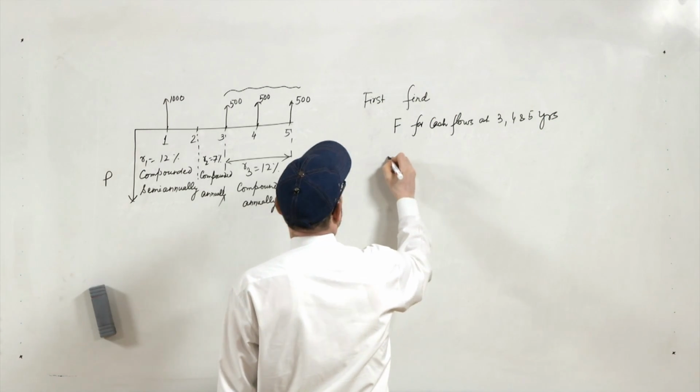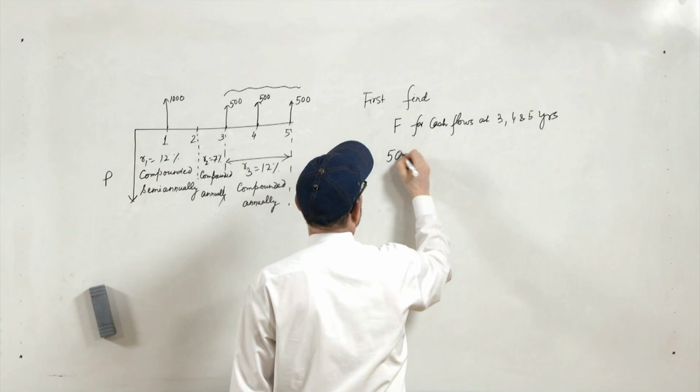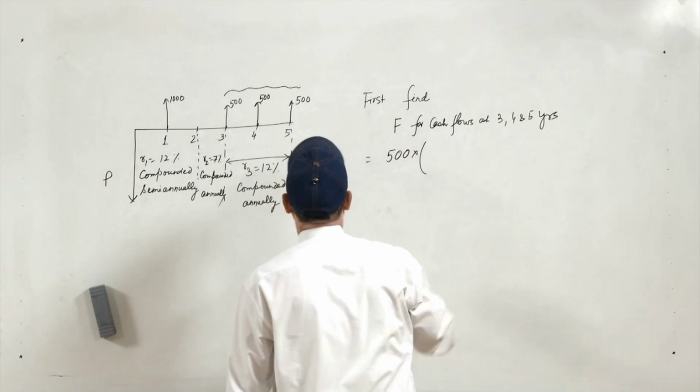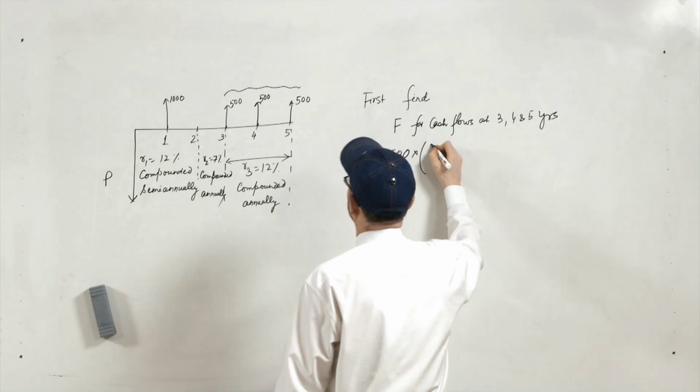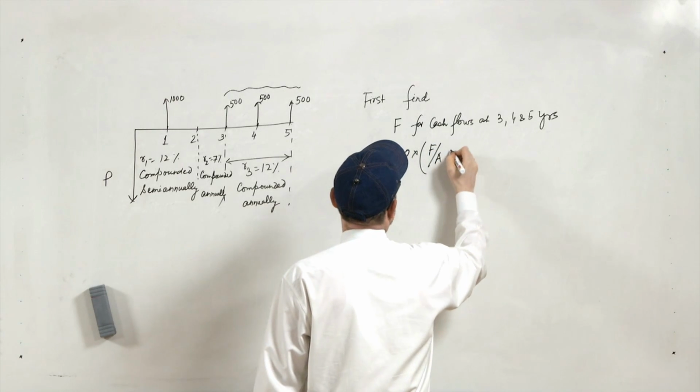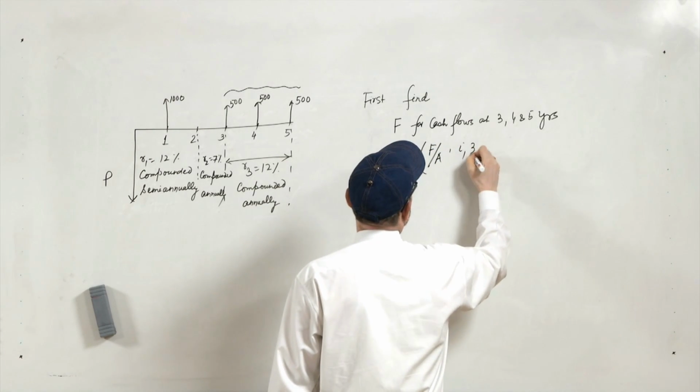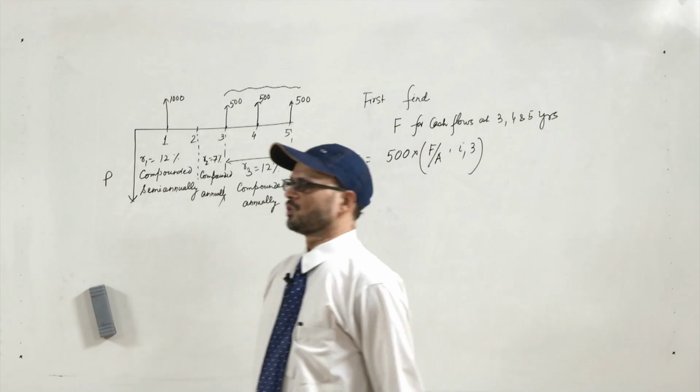This will be 500 multiplied by F by A, i3.